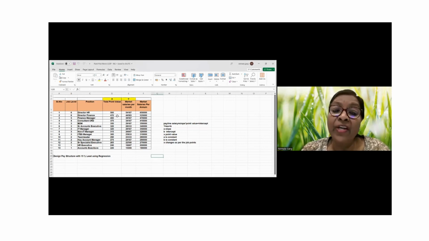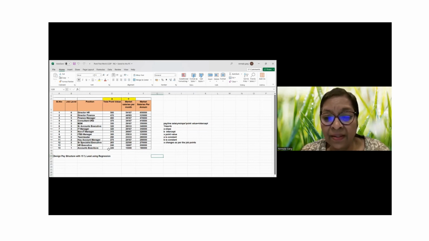Step two, you benchmark that job with the market data and predict the salary, as to how much you should pay. For example, the point value of director HR after job evaluation, the worth of the job in terms of points, is 500. Now, if there is a job which is worth 220 points, which job is higher?